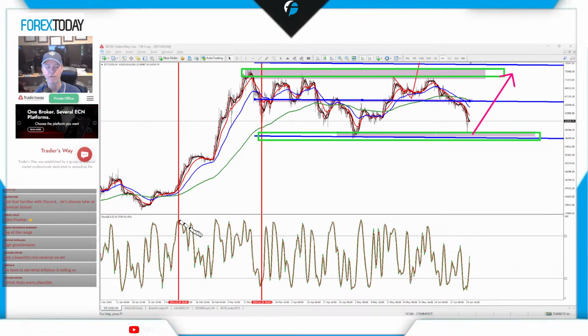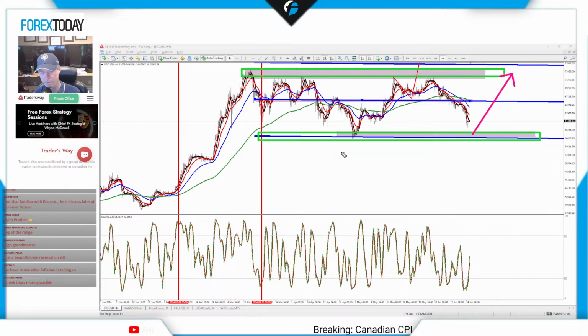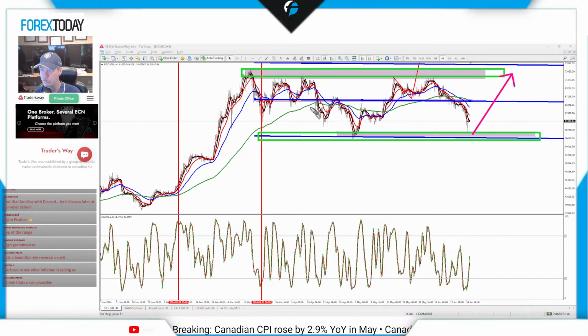In fact, in the training course, I tell you that a sideways trend like this is going to move sideways forever until it breaks. And has it broken? No.